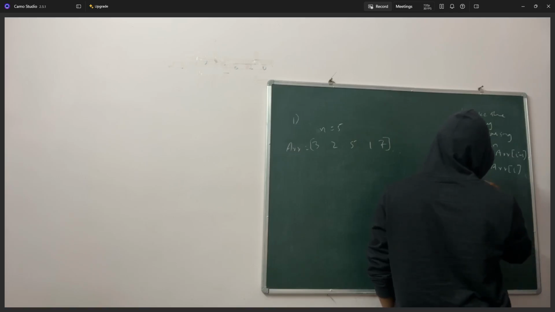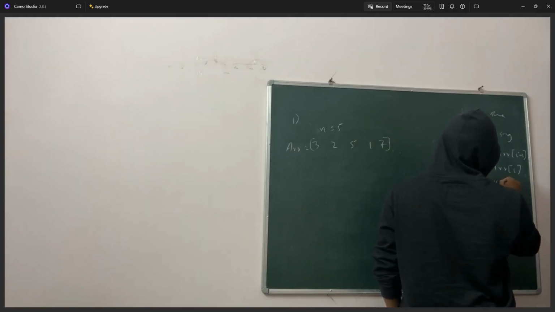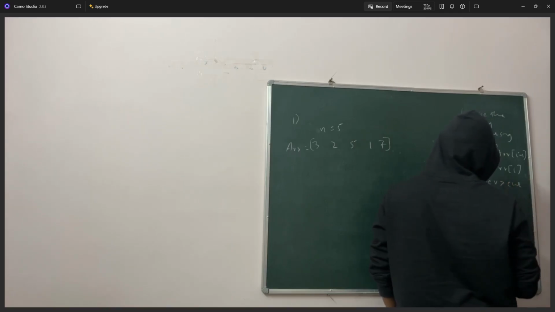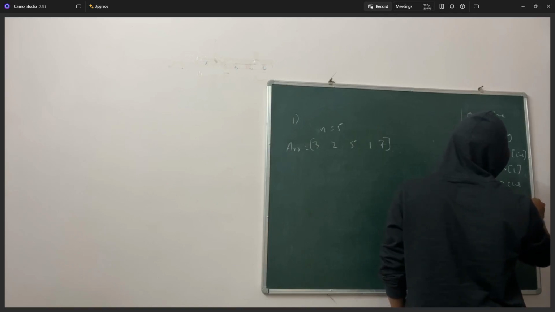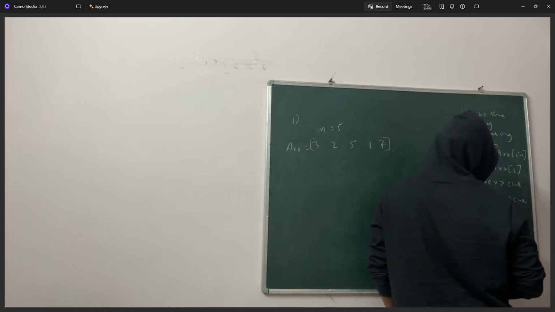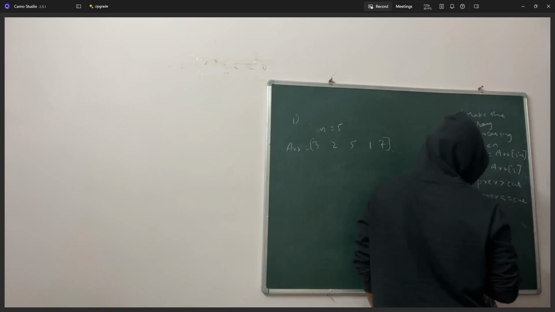If my previous element is greater than the current element, in that case my current element should be at least equal to the previous element. So you should be making it this way, like in a sorted way.